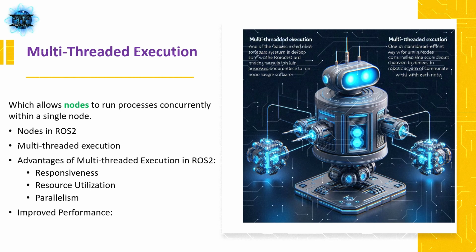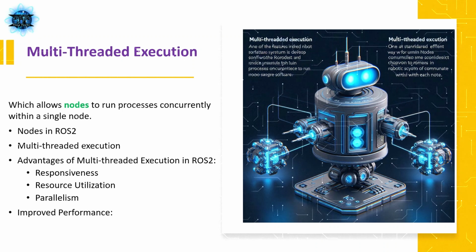In the old single-threaded way in ROS1, a worker could only do one task at a time, like thinking or moving. But now, with multi-threading, they can do multiple things simultaneously. It's like having more than one brain in the same head.